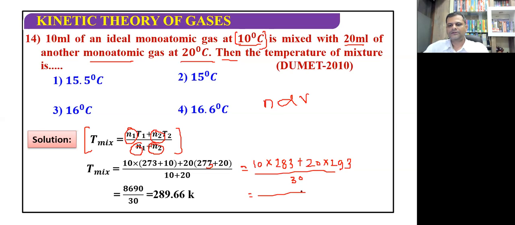So if we solve this, this will actually be 2830 plus 5860, that is to be divided by 30 as it is. So if we add this together, we get 8690, which has to be divided by 30, so that we get 289.66 Kelvin as the final answer.